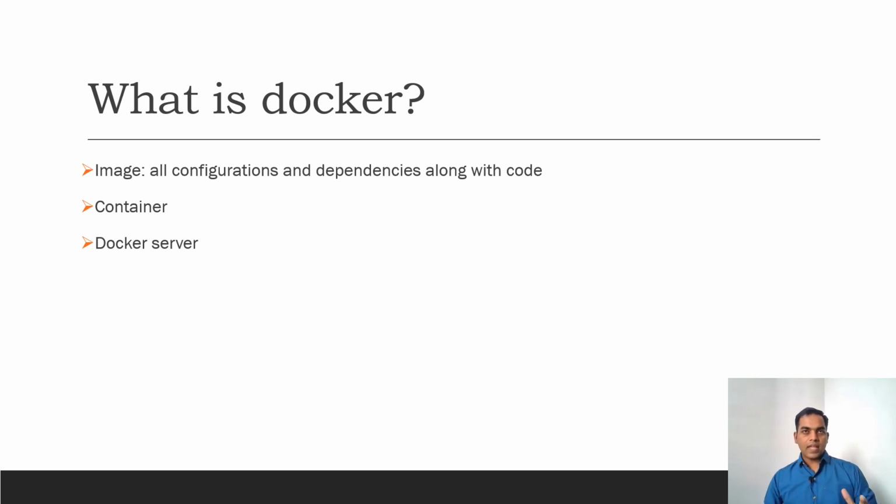It has a few concepts and terminologies, so let's understand them. One is the image. When we build our application, it builds the source code, all its dependencies and all its configuration into one package, which is called an image.